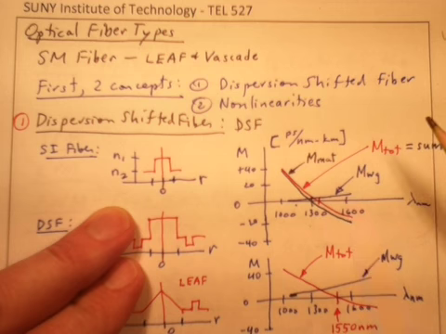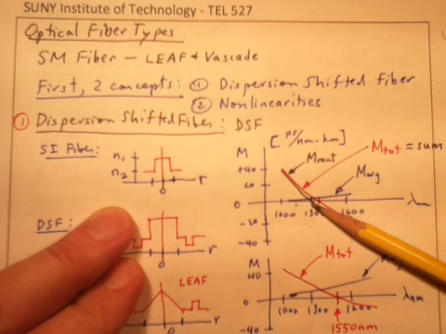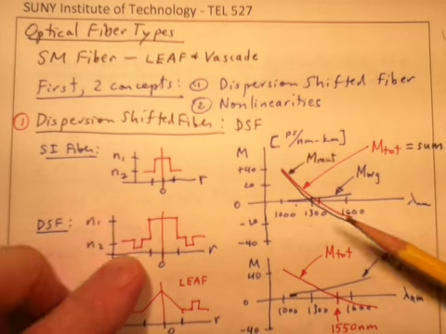But when you sum the two, you get this red curve for the total dispersion, and the waveguide dispersion tends to push the zero dispersion point for the fiber out a little bit above 1300.